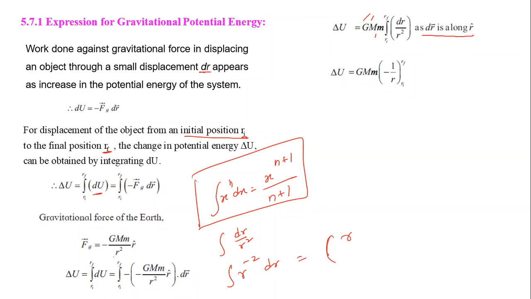So r raised to minus 2 plus 1 divided by minus 2 plus 1. So it is coming r raised to minus 1 divided by minus 1, which we can write as minus 1 by r. So minus 1 by r is the integration, and then the limits we have written here, Ri to Rf.